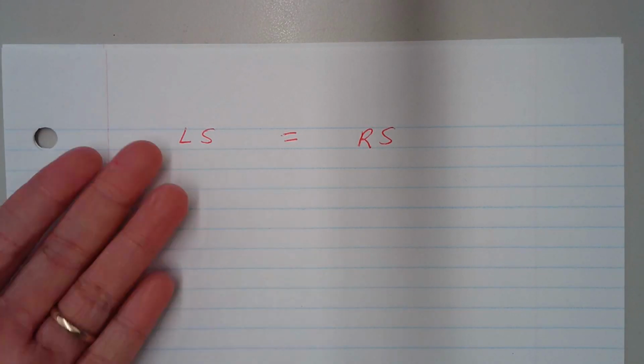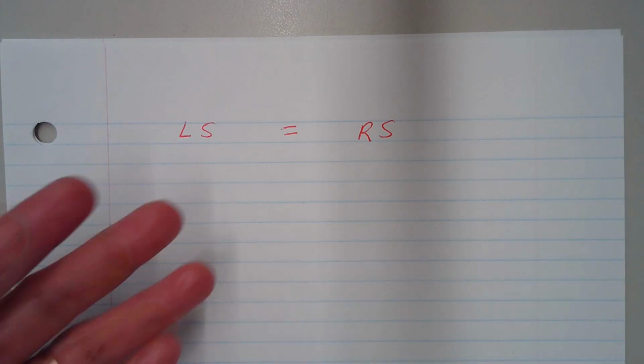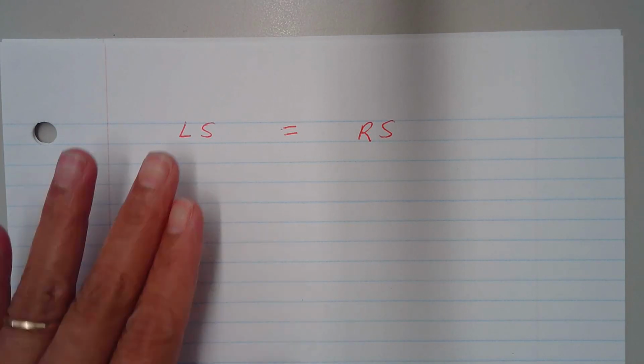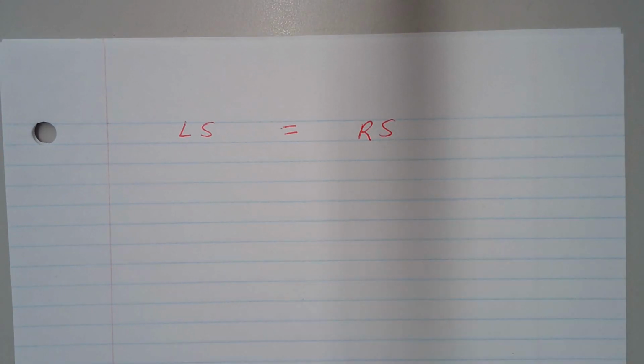If you add 3 here, well, you got to add 3 on this side too. Because if you add 3 here and not here, that's not going to balance. If you take away 3 from here and you don't take away 3 on the right side, that's not going to be balanced.